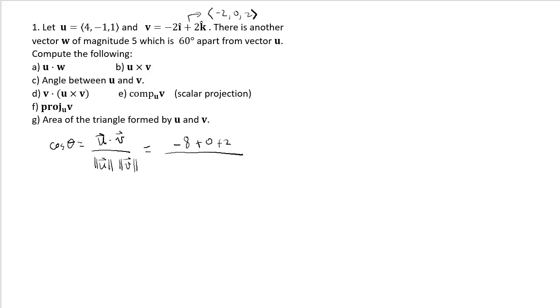And you take the square root of, well, we did this before in the previous slide. It's square root of 18. Now for v, I need to do -2 squared plus 0 squared plus 2 squared. And then that's 6 over square root of 18.